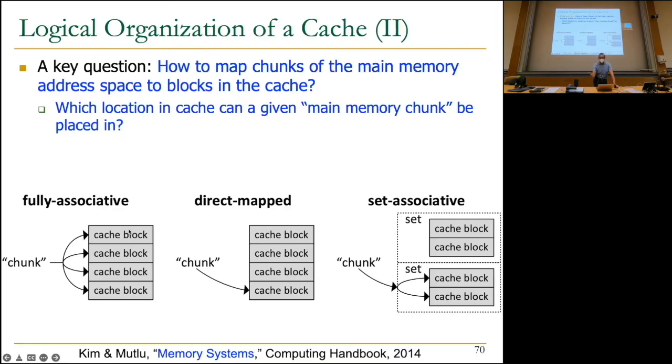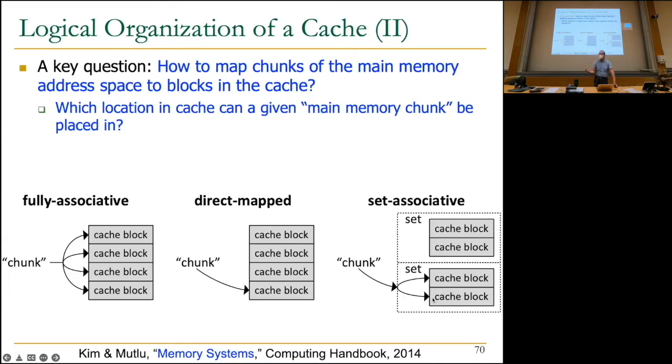And in the middle somewhere, there are set associative caches, where a chunk from main memory can go to a set of cache blocks, but not to the other set. So in this particular case, we have two different sets. As you can see, each set has two possible cache blocks. A given main memory chunk can go to any of the two blocks in the same set.